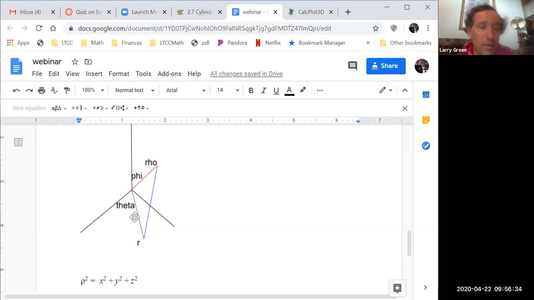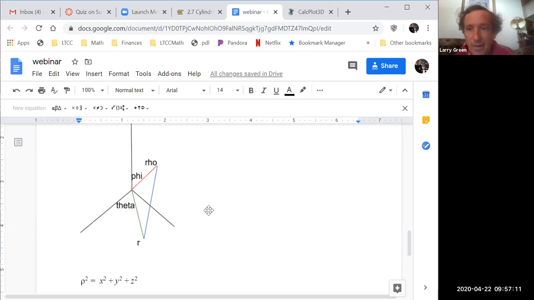So the opposite over the hypotenuse from trigonometry is the sine. So that means the sine of phi is going to be equal to r over rho. Any questions on that?